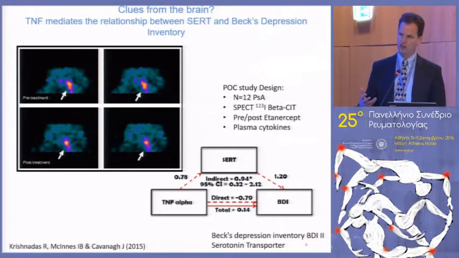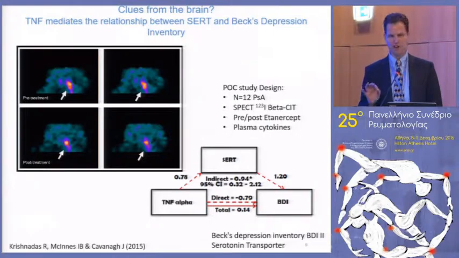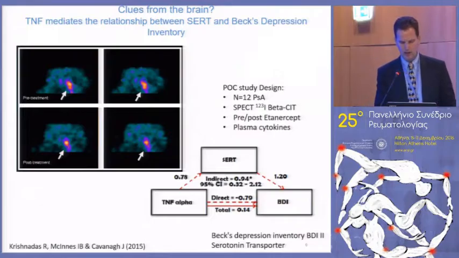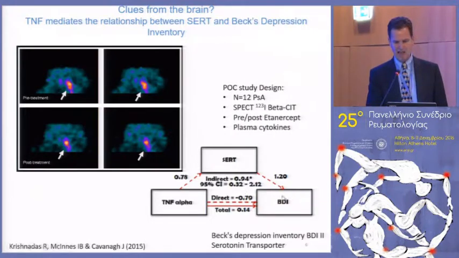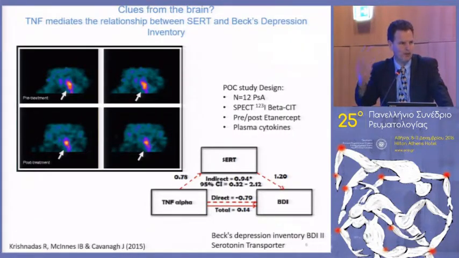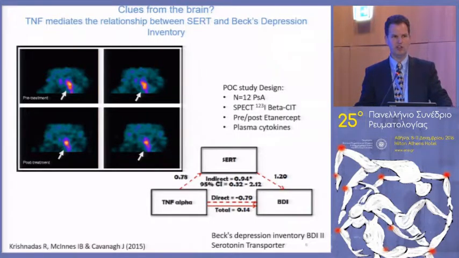That's a questionnaire that determines whether you're depressed or not. And that's the one that's been most highly validated for use in rheumatologic practice. And you compare that to the concentration of TNF and to the serotonin transporter availability. So that's Prozac. That's dopaminergic and serotonergic signaling in the brain. It turns out there's a direct relationship.